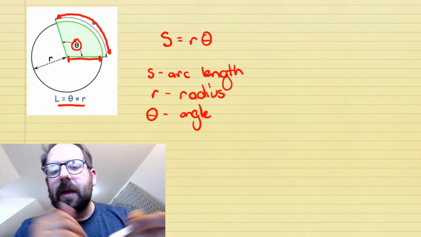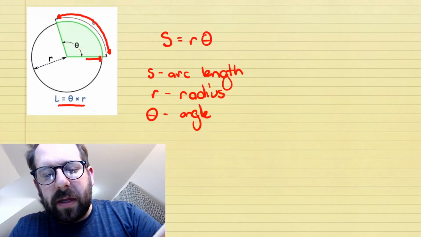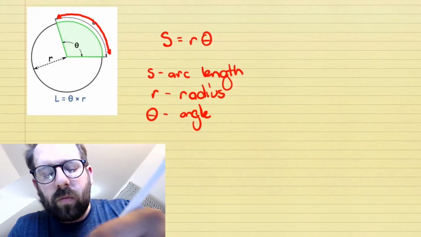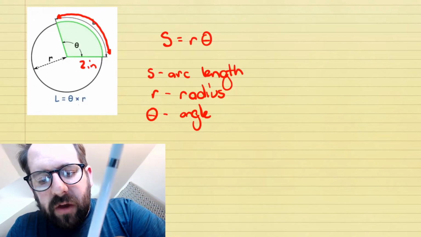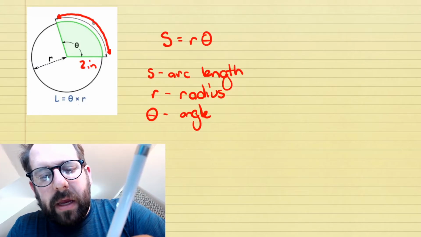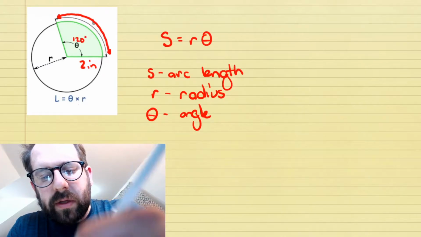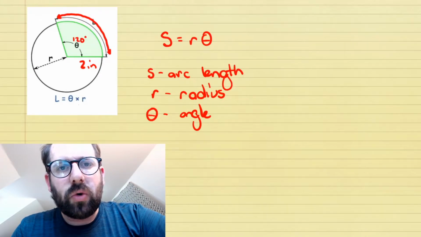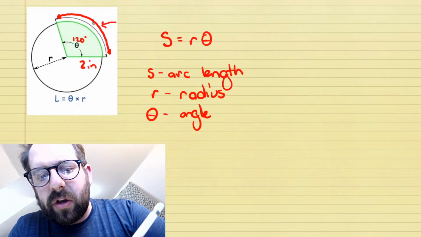Now, let me give you the idea here why it can't just be degrees. Let's say this was 2 inches for the radius of my circle, and let's say the angle right here is 120 degrees. That kind of looks like a 120 degree angle. You don't just take 2 times 120 and get the length on this circular path.